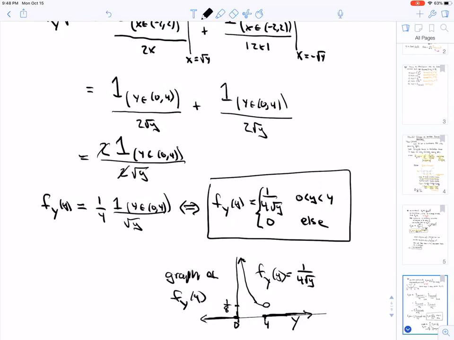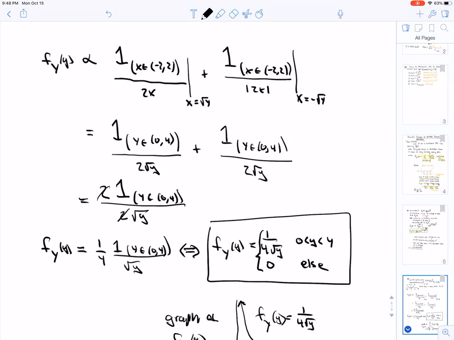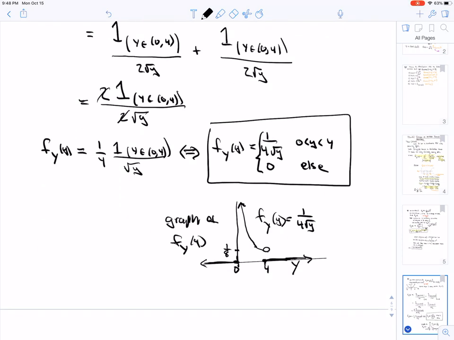And now I'm going to put back the constant, which is 1/4, and then I can write this in the usual way. So the formula for the density is 1 over 4 square root of y for y between 0 and 4. And I've just graphed that density for you here.